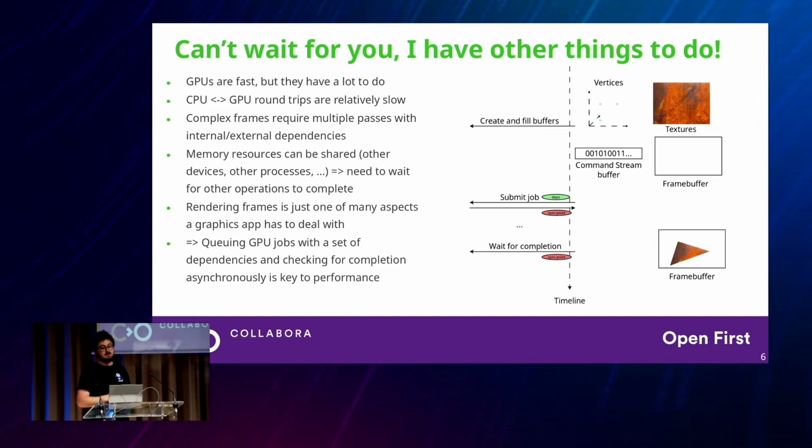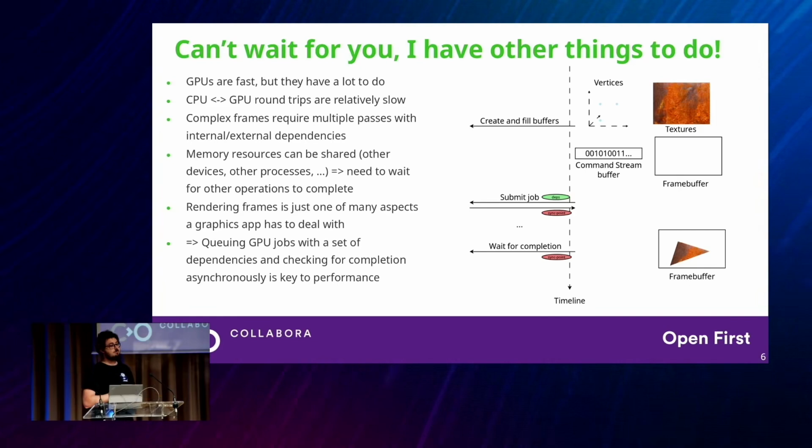So, yeah, basically when you render things, it takes multiple iterations until you reach the point where you have the whole scene rendered. So again, if you have to wait between each pass for the previous one to be finished and the CPU has to then submit the next one, it's going to take a long time. And that we don't want.